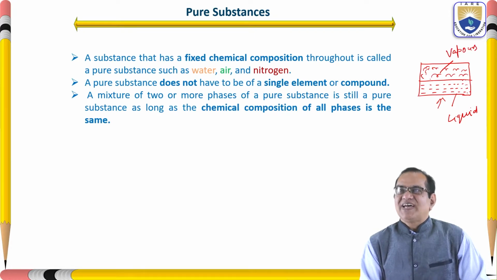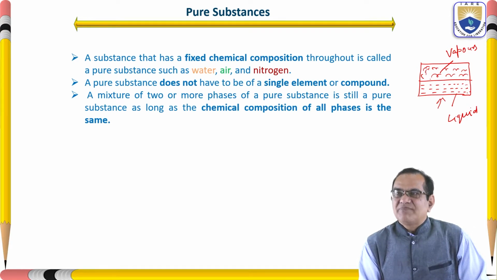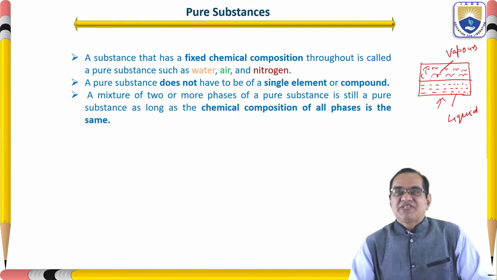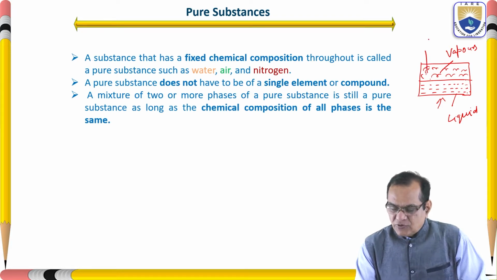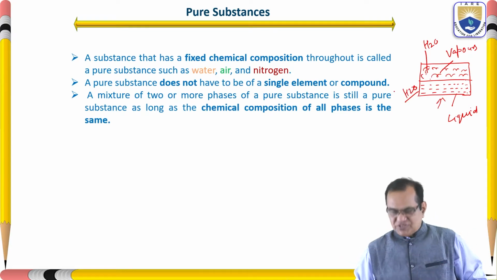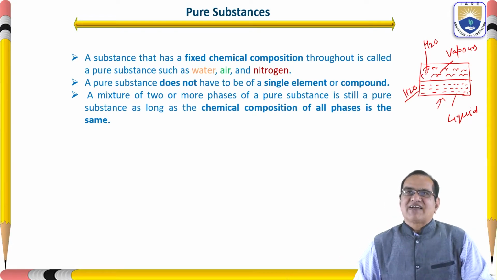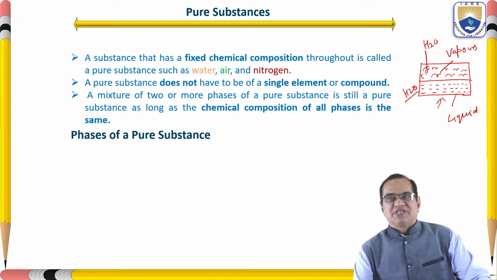This is also a pure substance, because the chemical composition of the vapor and of the liquid water are the same. Here you have H2O, and here also you have H2O. So the chemical composition is the same, and it is also called a pure substance.